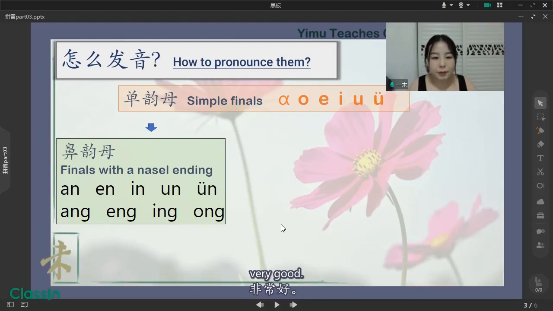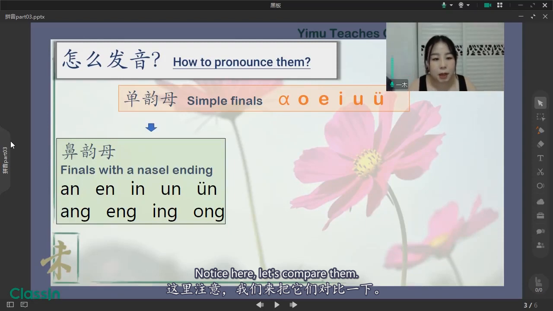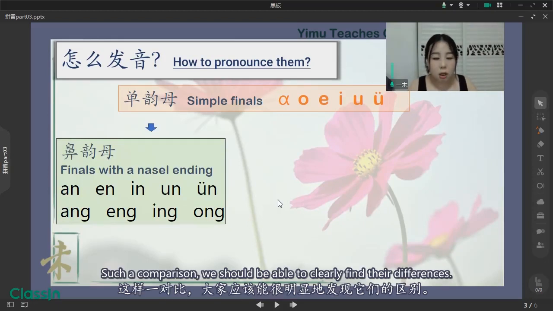Very good. Notice here, let's compare them. Ong, in, yin, yun, ing. Such a comparison, we should be able to clearly find their differences.